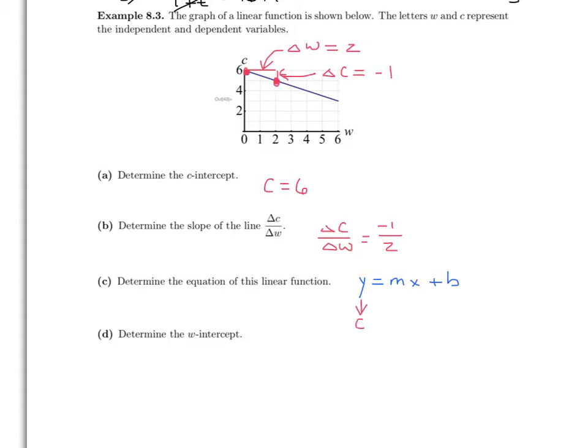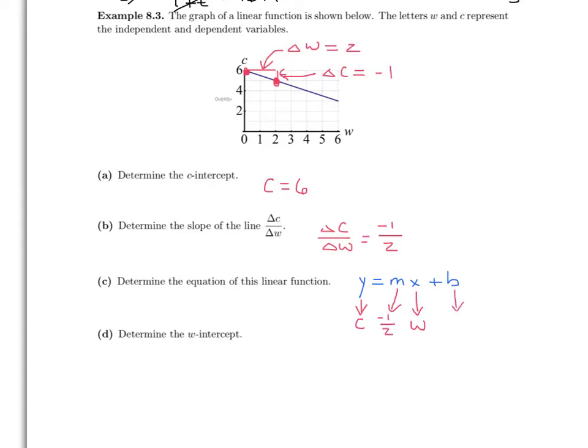C is our output variable. X is being played by W in this case. W is our input variable. The slope, or the rate of change, m, we just calculated it to be -1/2.